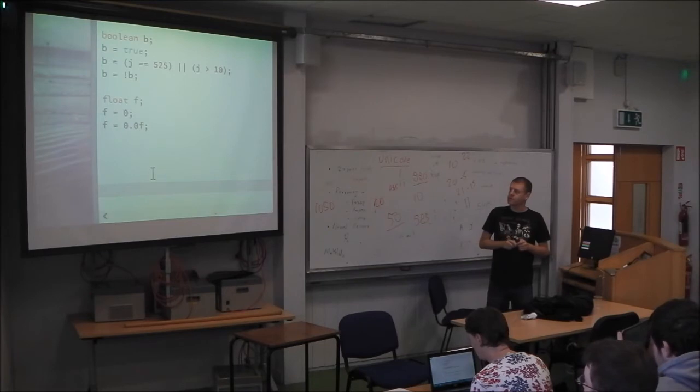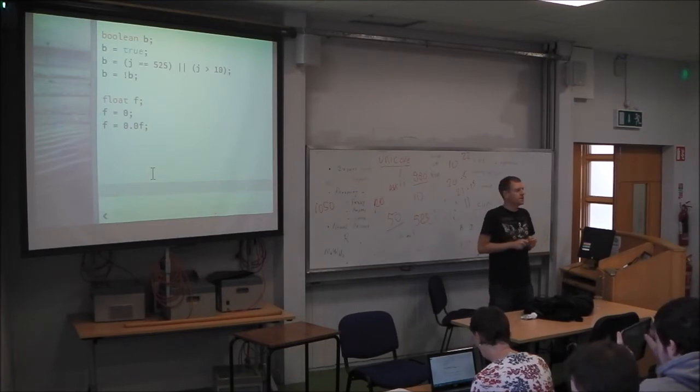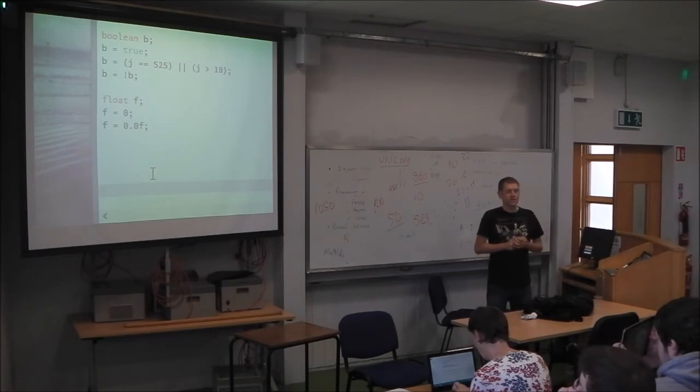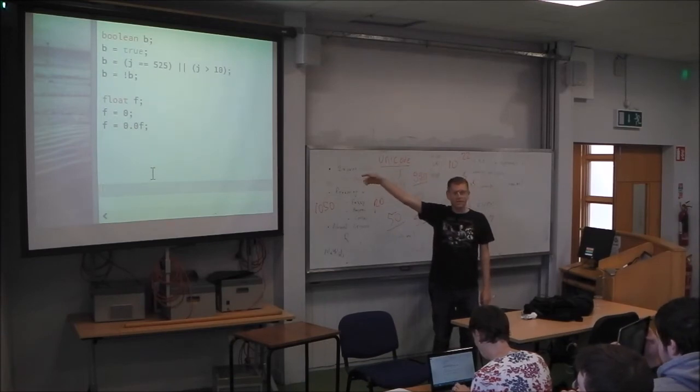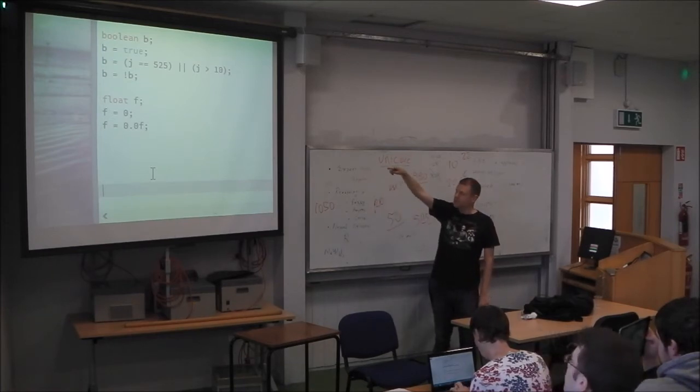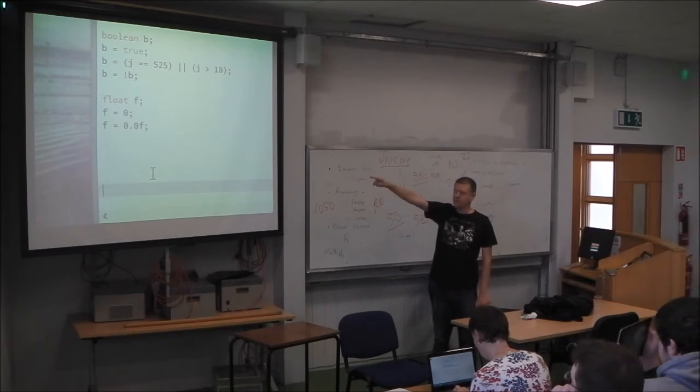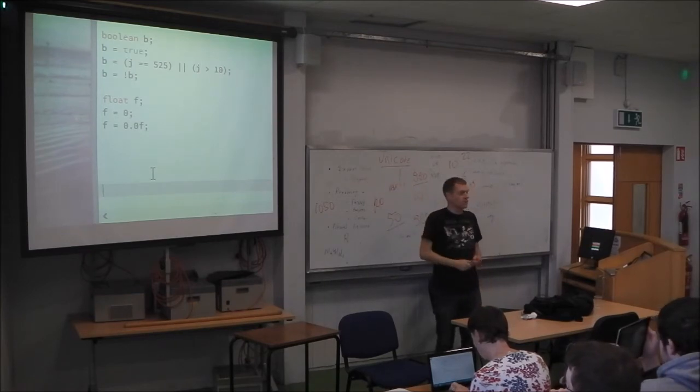What am I doing in the first one? I'm assigning what to be what? I'm assigning an integer to be a float. So what will actually happen here is it has to convert from an integer to a float. Because on the right-hand side of that statement is an integer. 0 is an integer constant. So it'll have to take that integer constant and convert it to a float constant. Or convert it to a float. In the second one, what's the thing on the right-hand side? It's already a float. That's a float constant.